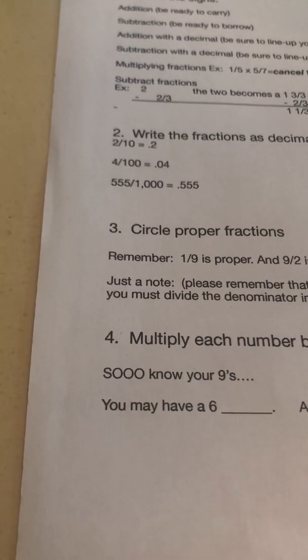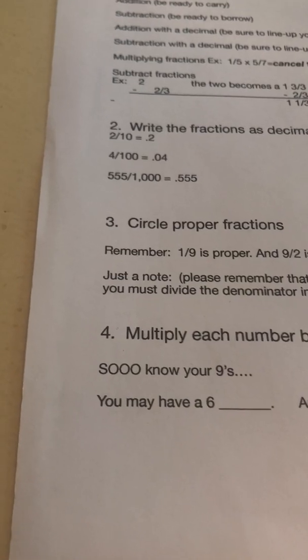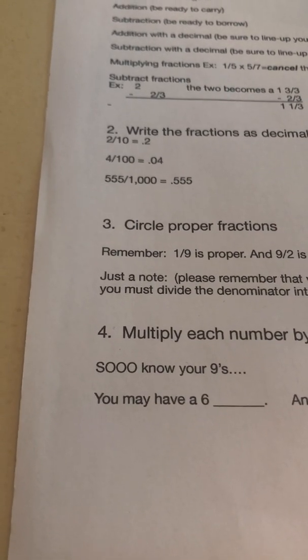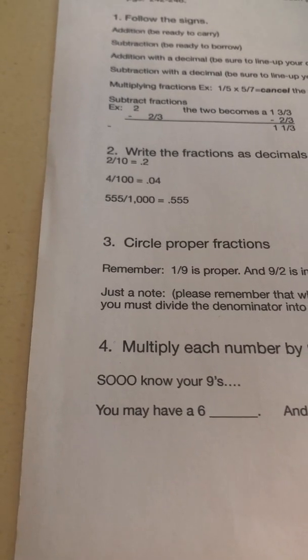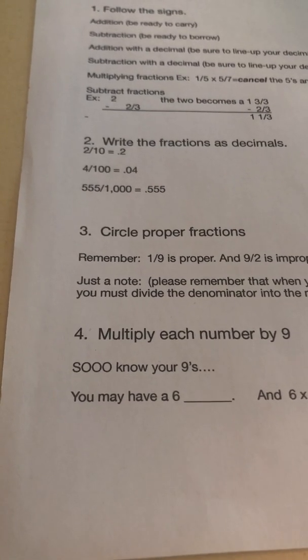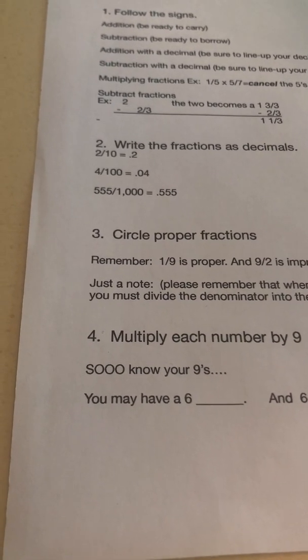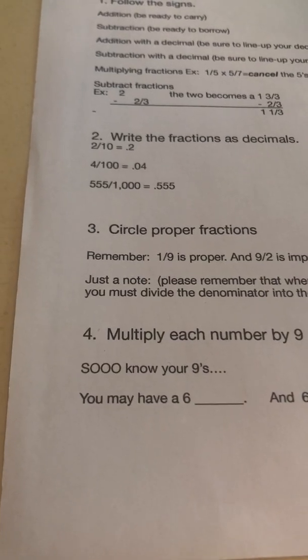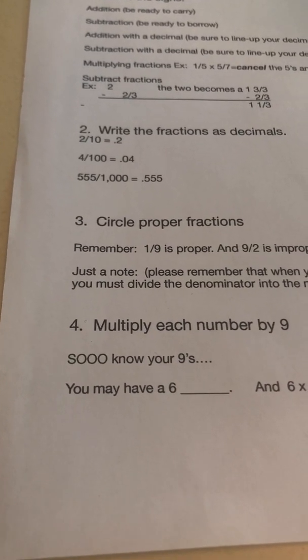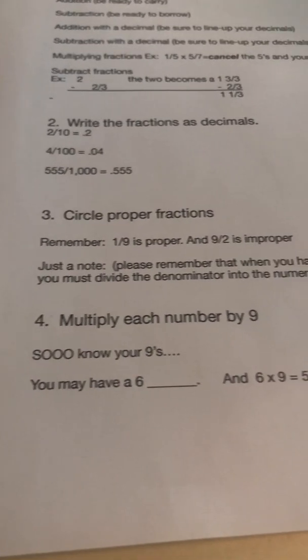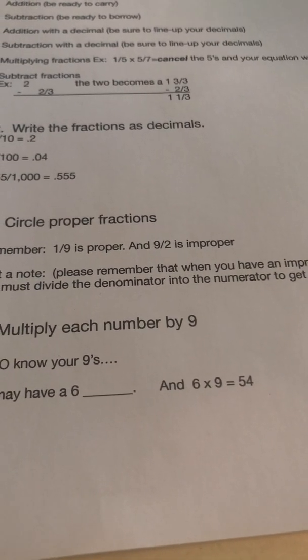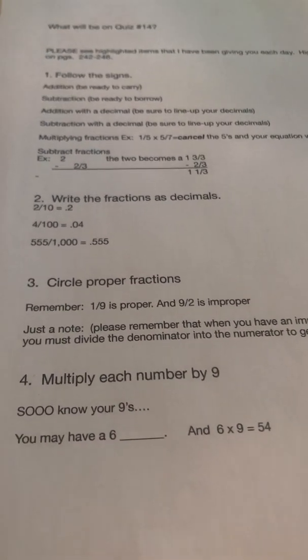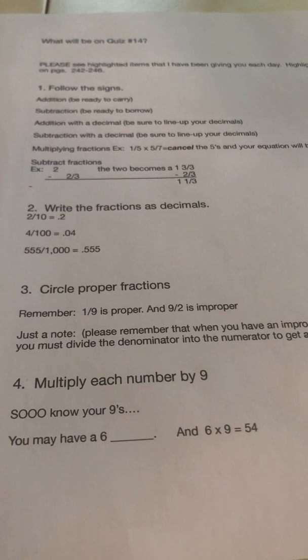If you know that 9 times 5 is 45, okay, we're doing 9s, then you know that 6 times 9 is going to be 9 more than that. So when you count up, it's 9, 18, 27, 36, 45, 54. So always go to something you do know and then count up.